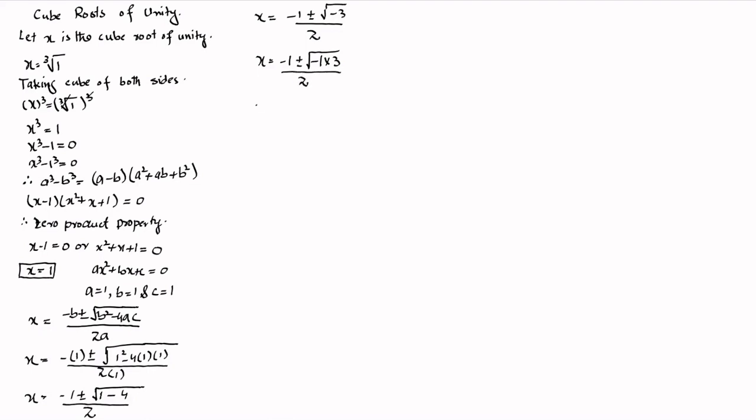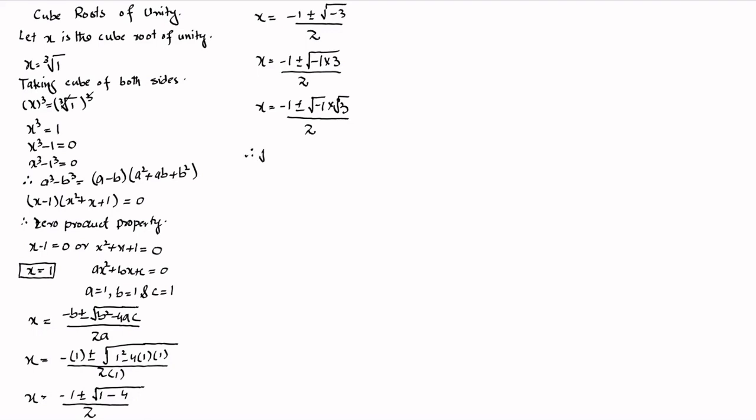So x is equal to minus 1 plus minus square root, which can be separated for the terms in multiplication. So we write minus 1 under a separate square root and 3 under another square root divided by 2.